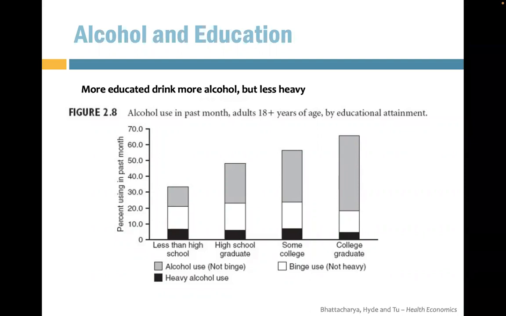But it's important to note that the thing that makes the difference is heavy alcohol use. Heavy alcohol use is similar between less than high school and some college, but lowest for college graduates.